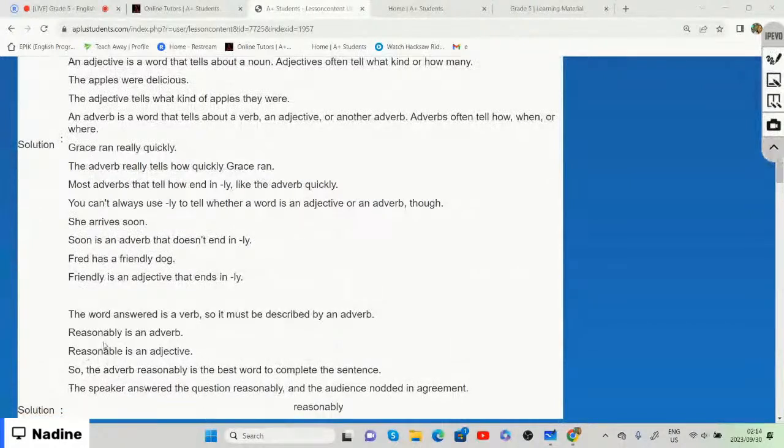And basically, reasonably is an adverb, just like we selected, and reasonable is an adjective. We selected reasonably, which is the adverb, which tells us more about the verb.